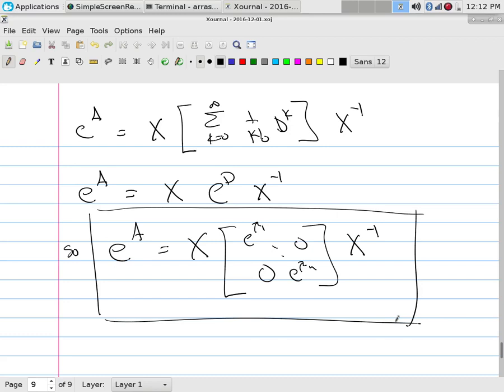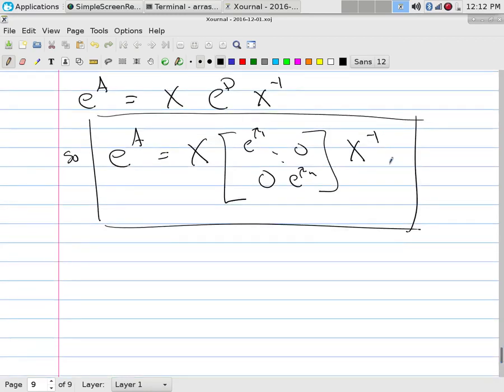If I had an object, it would switch it into the coordinates of the eigenvectors, but then I multiply it by this, which means every coordinate is multiplied by the exponential associated with it, and then we switch back into standard coordinates. And so this thing is a stretching still, but it's a stretching exponentially.